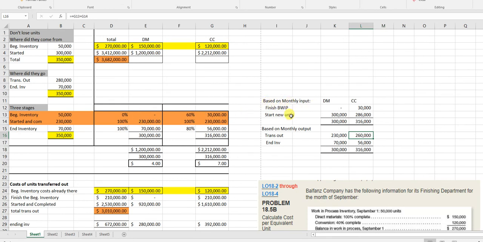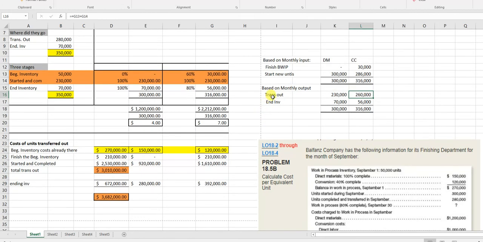The reason I don't use this one is because you can as quickly get your costs down here. So notice I just took 0 times 4 plus 230 times 4 plus 70 times 4 to get this number, and that number. And then I took 230 times 7, 56 times 7, 30 times 7, 230 times 7, and 56 times 7 to get this number, this number, this number.